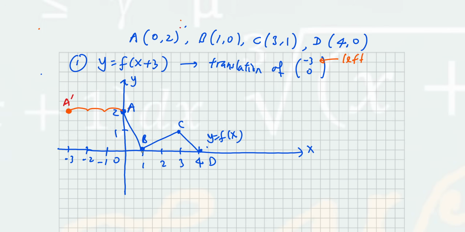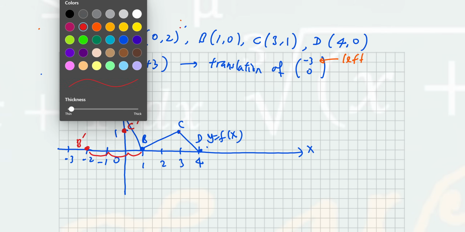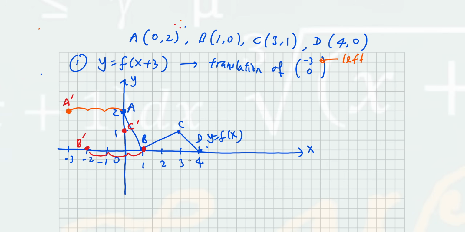Now the next point B. Again 3 units: 1, 2, 3. This is my B prime. When you move C 3 units to the left side, it will be at 0. So C prime. And then the point D: when I move it to the left side 3 units, it will be at 1, because here 1, 2, 3.